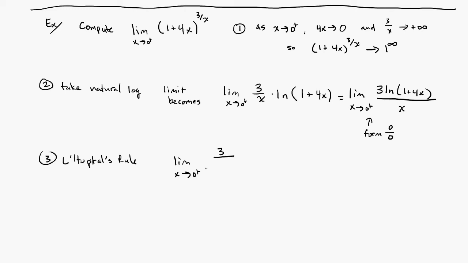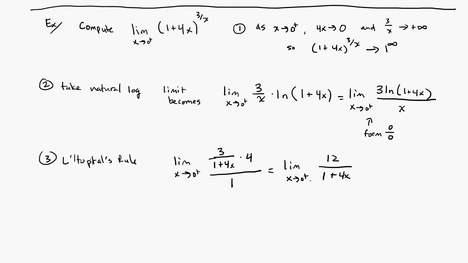The derivative of the natural log is 1 over, so the 1 plus 4x goes in the denominator, times the derivative of the inside; the derivative of 1 plus 4x is 4. And then the derivative of the denominator, the derivative of x, is 1. So this is applying L'Hopital's rule. Then we can rewrite this as the limit as x goes to 0 from the right. 3 times 4 is 12, and then this part can bump down to the denominator: 1 plus 4x.